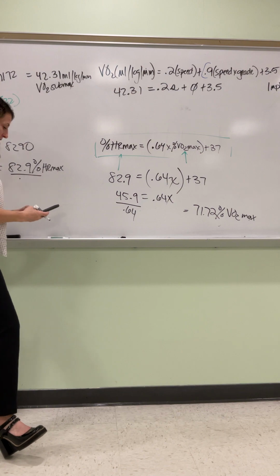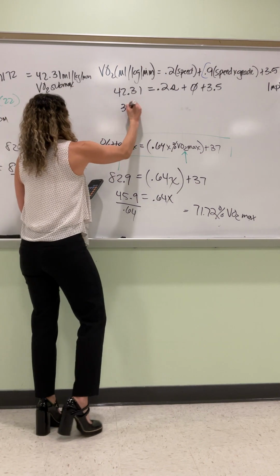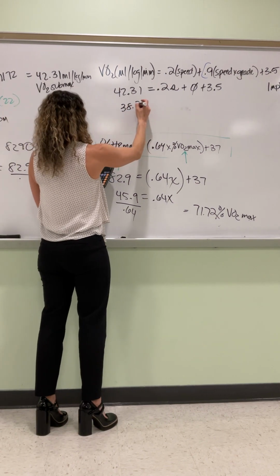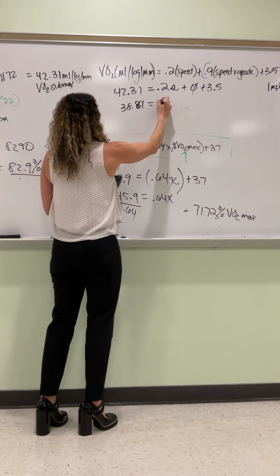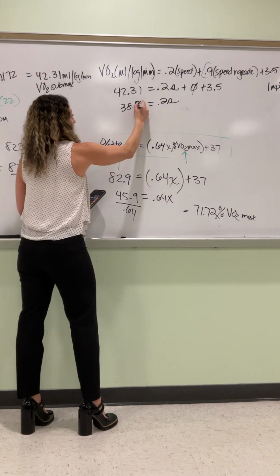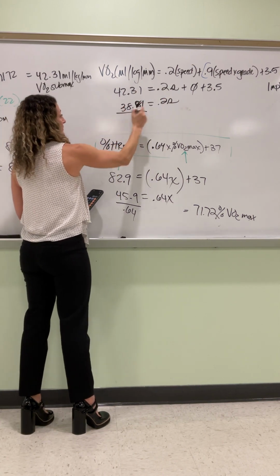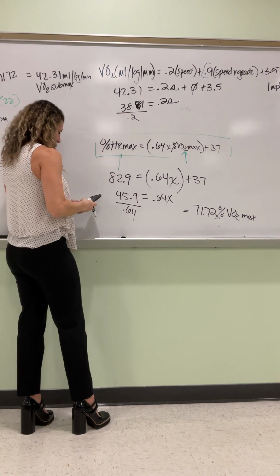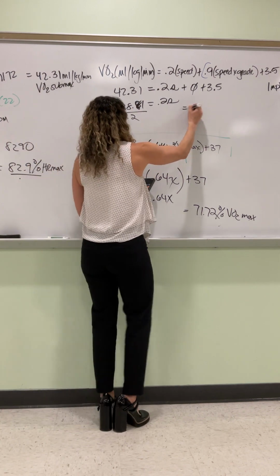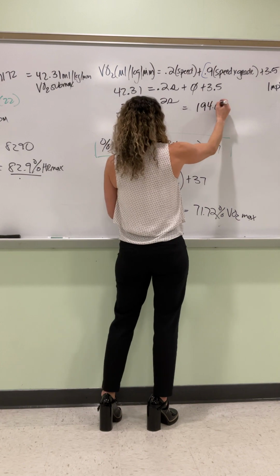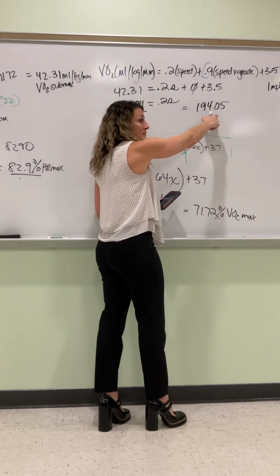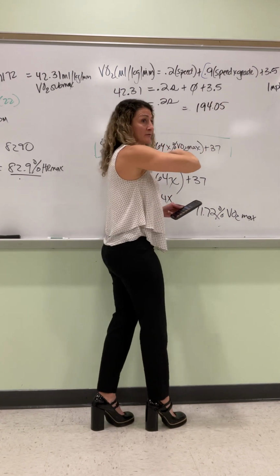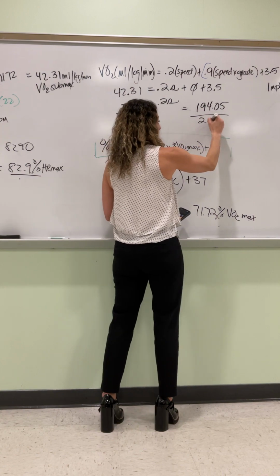42.31 minus 3.5 is 38.81, equals 0.2 times speed. Then what? Divide by 0.2. 194.05. This is meters per minute, so you have to know to convert that.